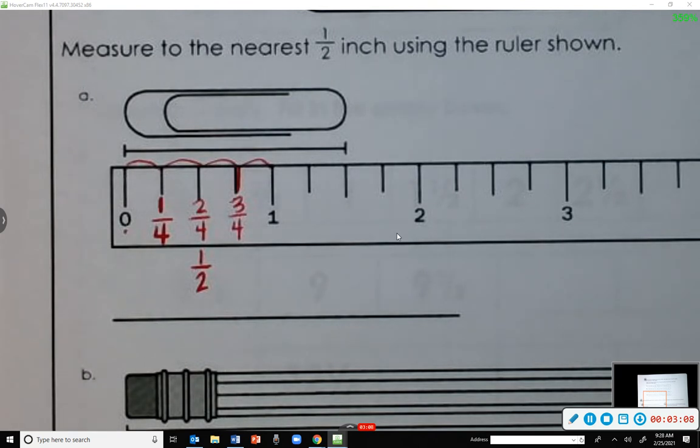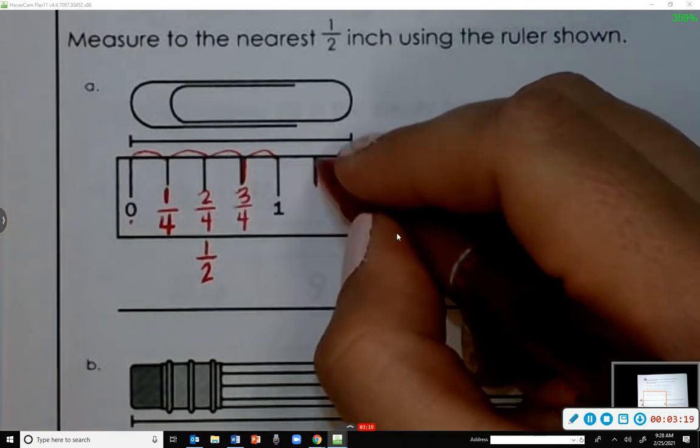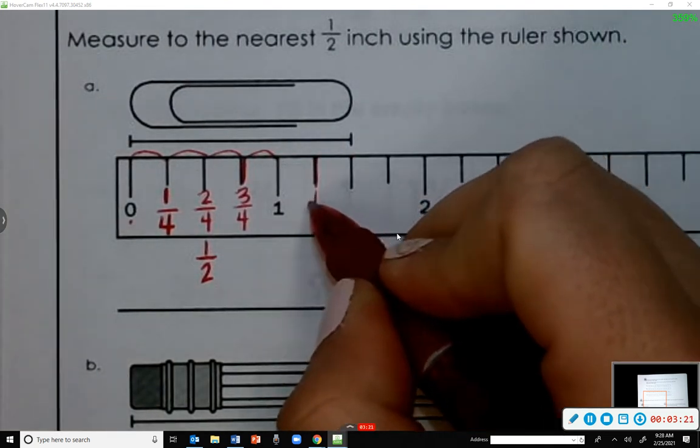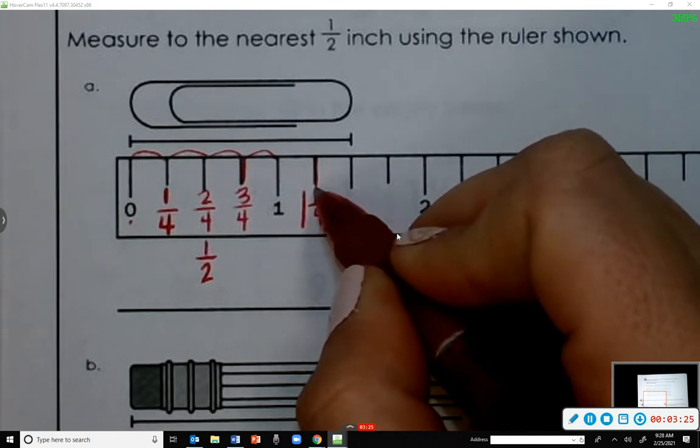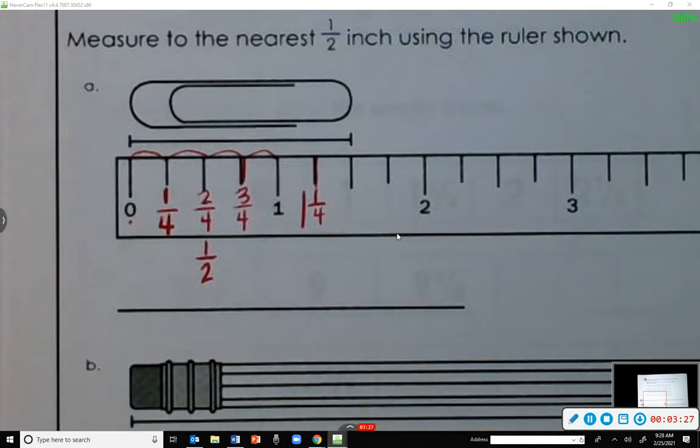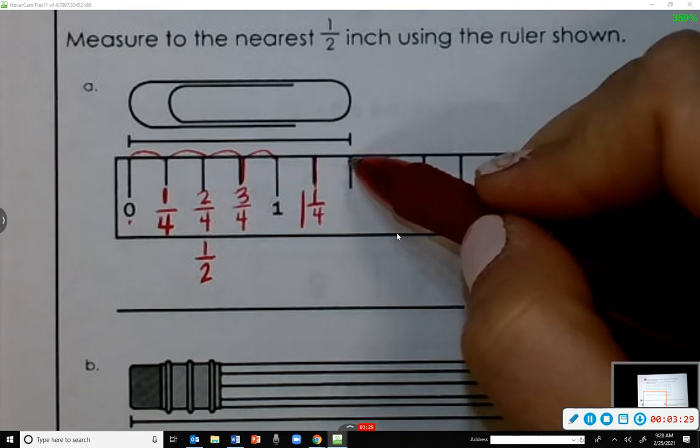So now, when you get past 1, all you do is repeat that pattern, but you put a whole number with it. Okay? So now this mark is not just going to represent 1/4 again. It's going to be 1 1/4. Okay? So what would be here?